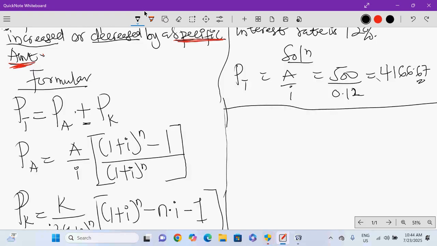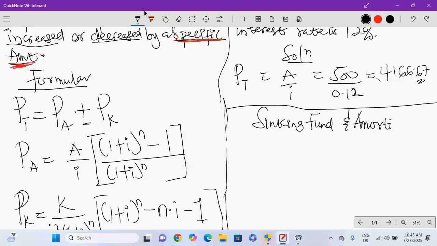Now we are done with the annuity and the types of the cash flows, right? Now we are moving on to the next subtopic, which is called the sinking fund and the amortization schedule.